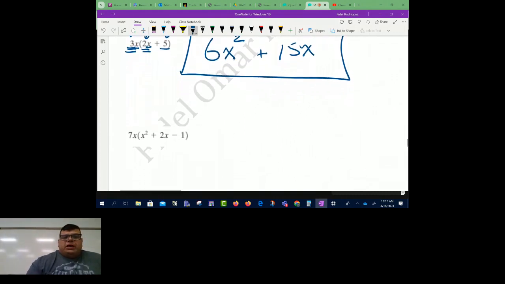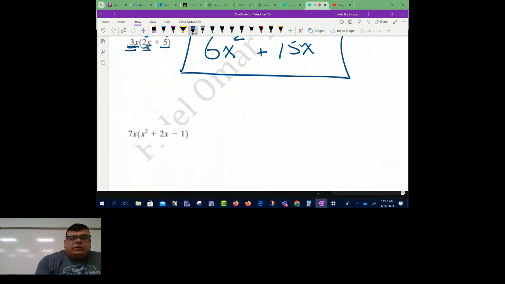All right, let me go down to the next one here. We're going to go again, 7x, y'all. We're going to go 1, 2, and 3. So if it helps, remember, think of the number in front of that x squared as a 1. So I'm going to say, look, 7 times 1 is 7. X with 2 more x's, x to the 3. Okay. 7 times 2 is going to give me 14.